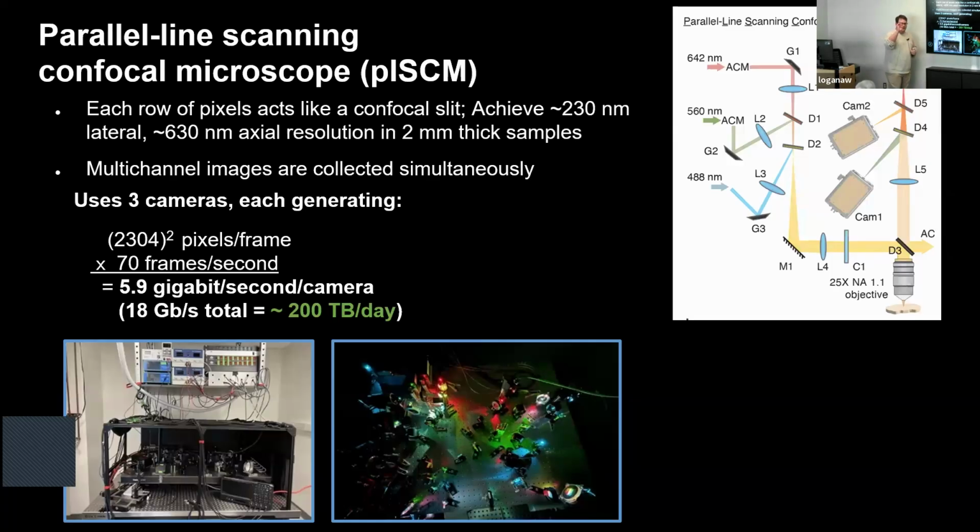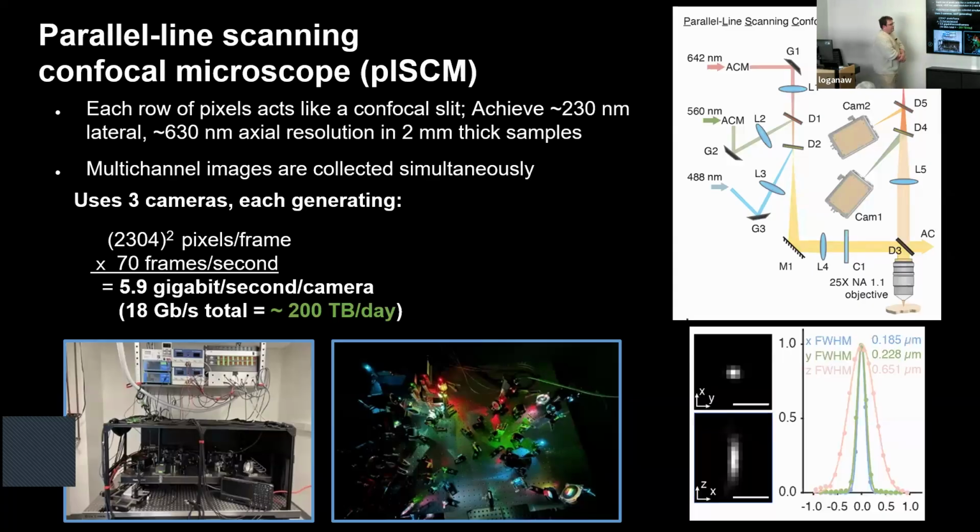It's just that instead of a pinhole, you're sending your light through a mechanical slit. The physics isn't very important, but essentially it allows you to capture images at very high resolution, 185 nanometer optical resolution in the X dimension. And it allows you to do it really quickly.